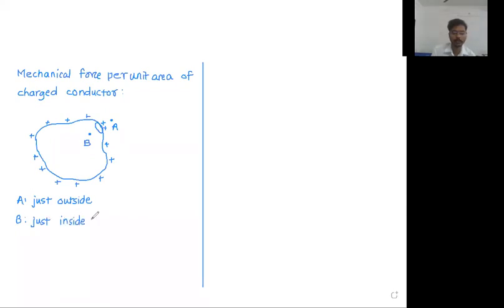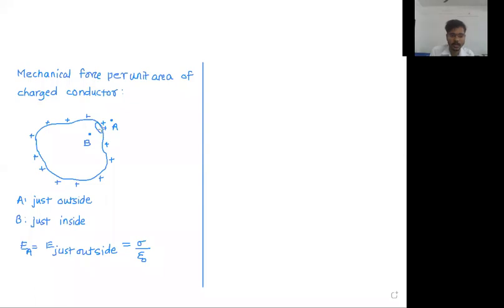Now we know that the electric field at a point just outside the conductor, at point A, must be equal to sigma upon epsilon 0. This derivation we did from Gauss's theorem, where sigma is the local surface charge density.